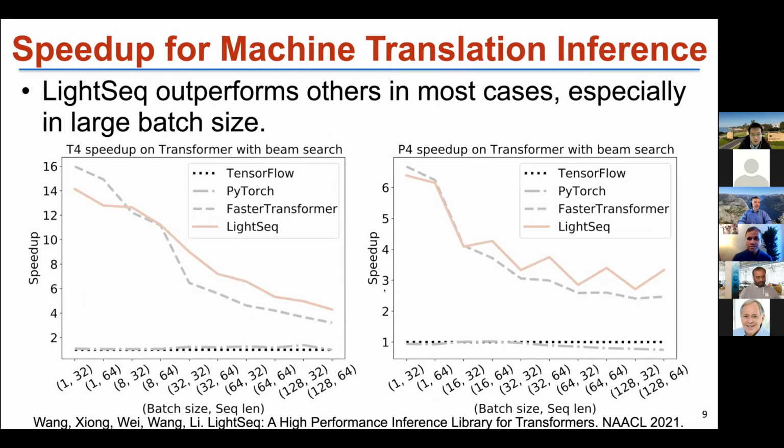In terms of inference, we also compared inference of this transformer model. This is a machine translation application on T4 and P4 GPUs. Usually we don't really need those powerful GPUs like V100 or A100 for inference, so we can use less powerful GPUs like T4.